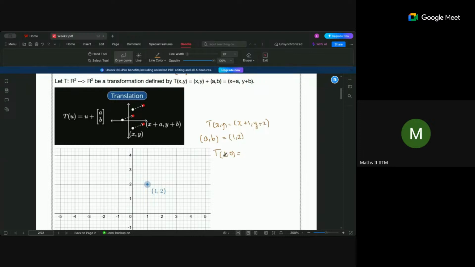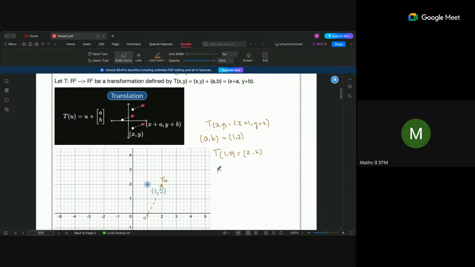Now can you tell me what is T of 1 comma 0? 2 comma 2. 2 comma 2, right? So this point here, 1 comma 0, is getting shifted to this point 2 comma 2. This point is getting mapped to this. So if this is your u, then this is your Tu, right?